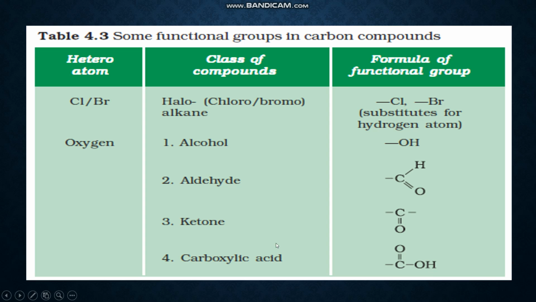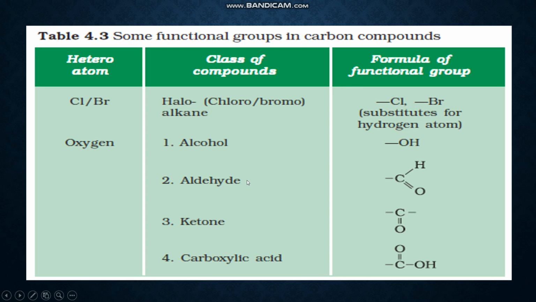So you should be thorough with this table. Once again, the class of organic compound alcohol has the functional group OH. The class called haloalkane, chloroalkane or bromoalkane has the functional group chlorine or bromine.